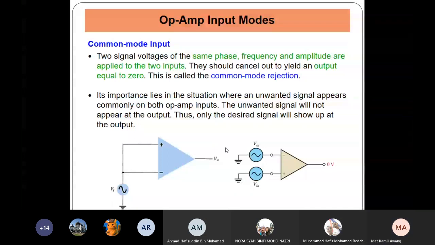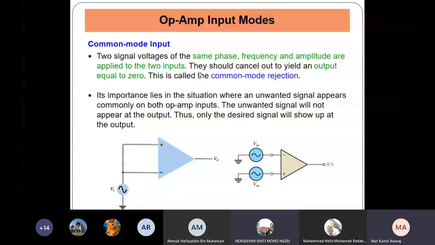It is inverted. So when you add these two, yes, it becomes 0, right? Yes sir. So when this is 0, 0 multiplied by the gain is always 0. So the output is 0. This is for the ideal case.